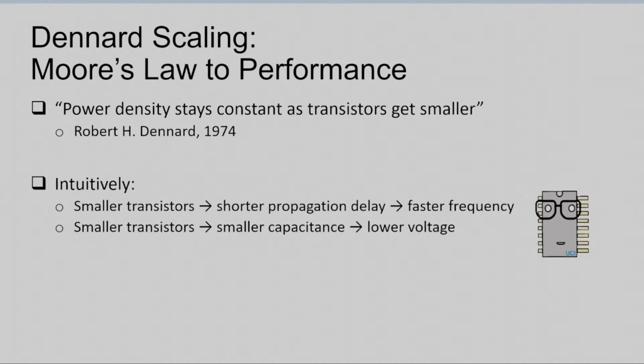And shorter propagation delay between transistors means we can hit faster maximum frequency of the clock. So faster clock with smaller transistors leads to faster performance.